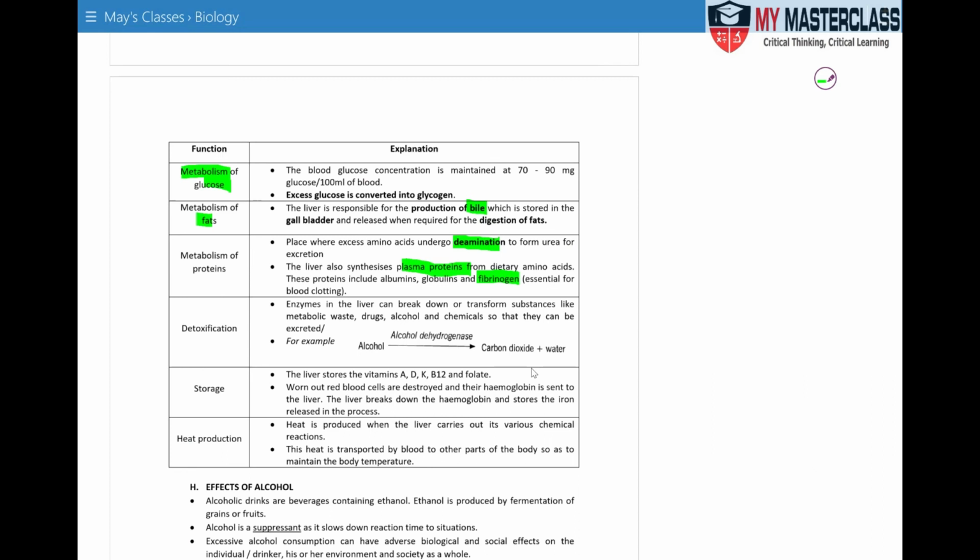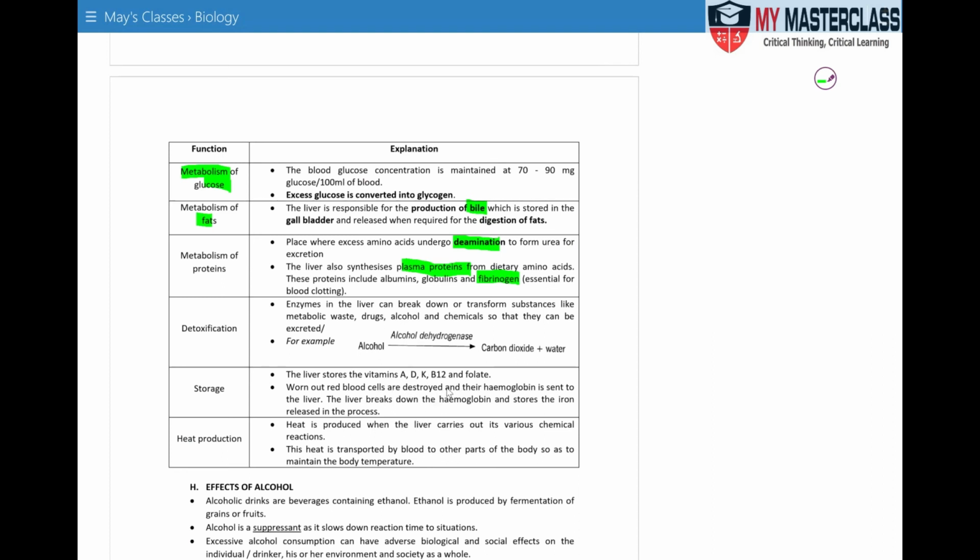The liver also acts as a storage site, containing vitamins. Folate is a type of vitamin B, under the class of vitamin B itself. It also stores the red blood cells' components after destruction.